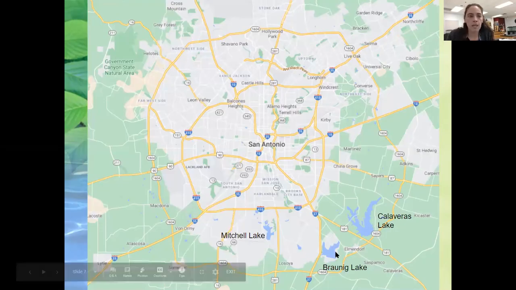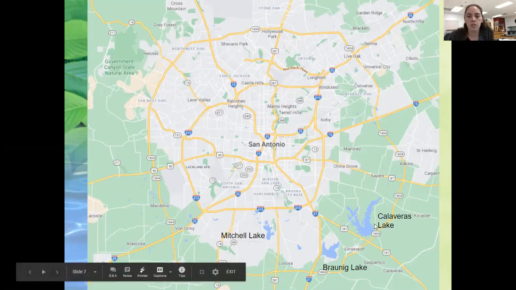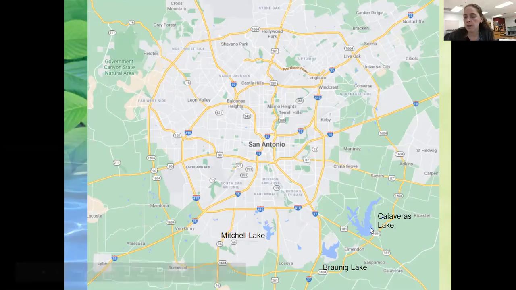Man-made dams were built. In the case of these two, the dams were built not for drinking water, but to collect water to be used to cool CPS power plants. Making power and electricity generates a lot of heat, and so they need a lot of water to cool those plants back down.